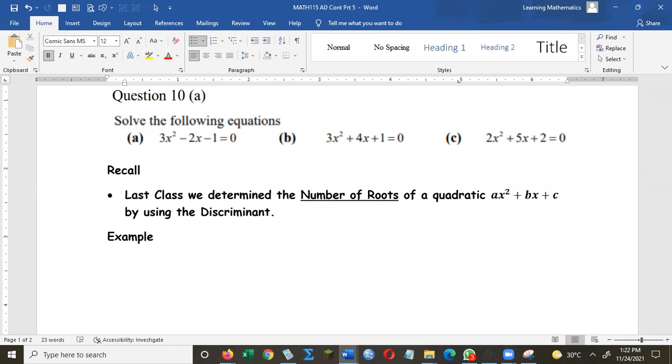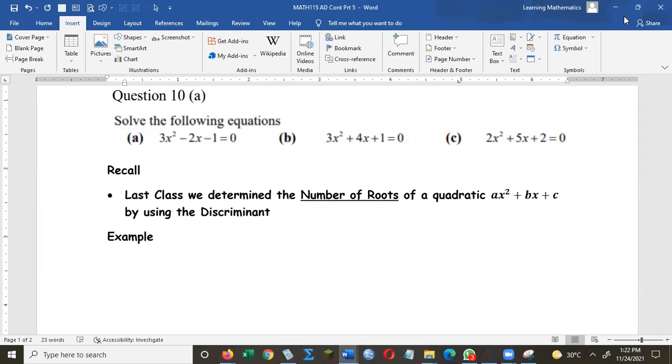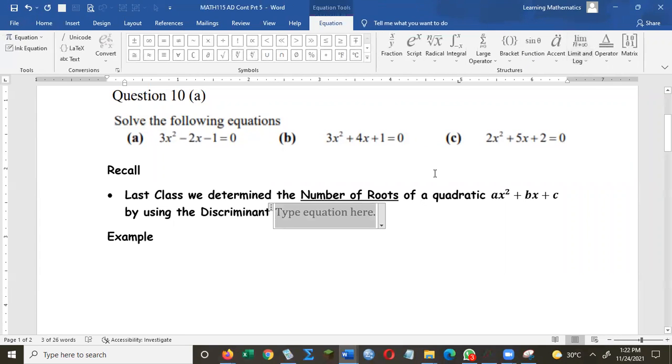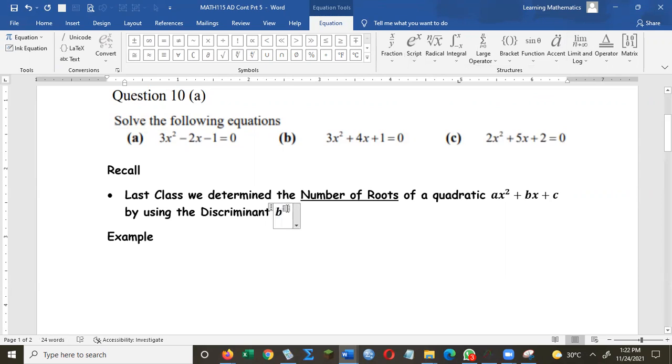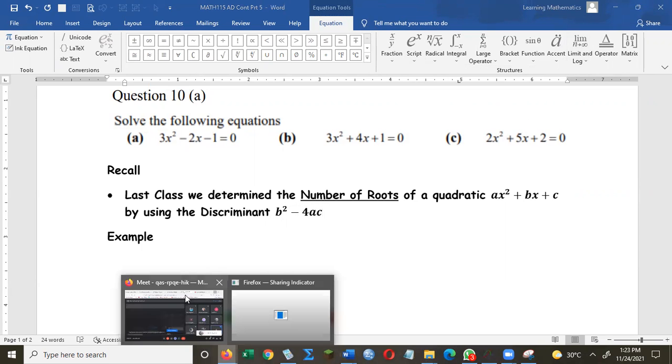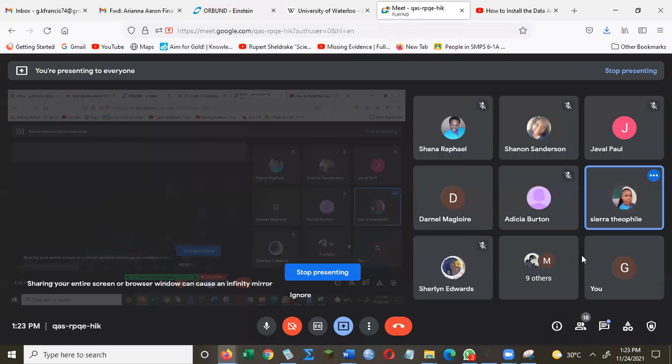That's what we did last class. And what is the discriminant? Yes, the discriminant: b squared minus 4ac. Agreed? So that's what we did last class.